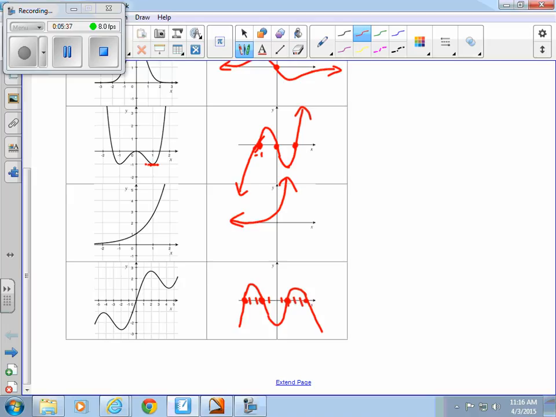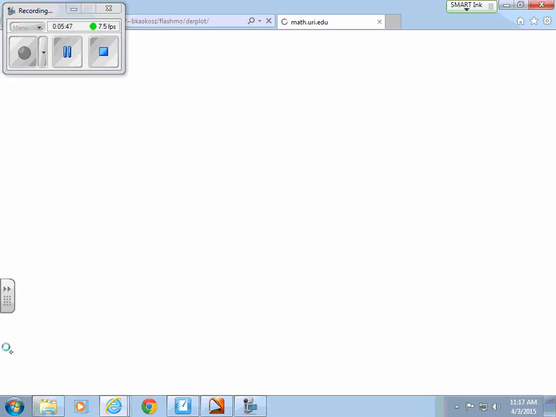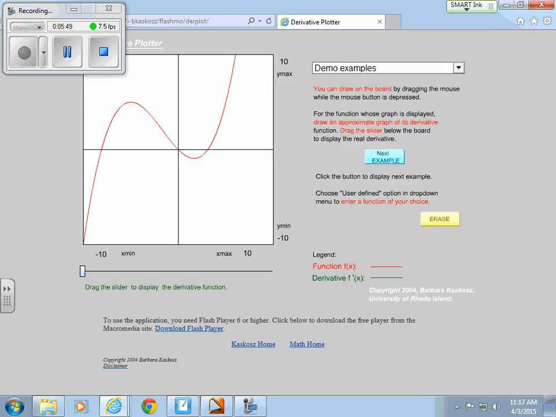Any questions about that? So today we're going to be looking at, this is an online derivative plotter if you ever want to just Google one. But today we're going to be looking at the connections between the function and the derivative. So I have a function up here. You see how it's doing the slope of the tangent line right here? See that?